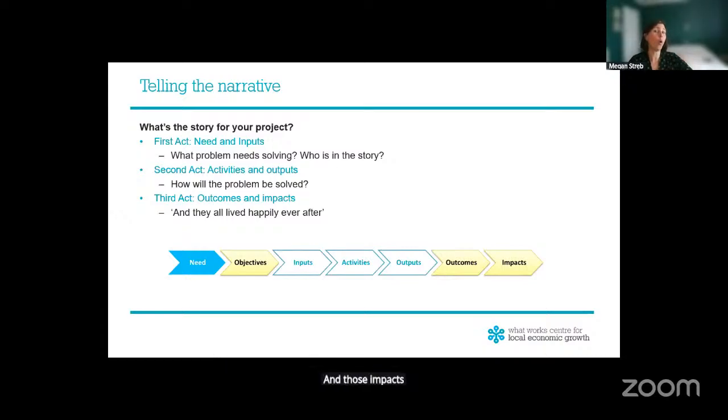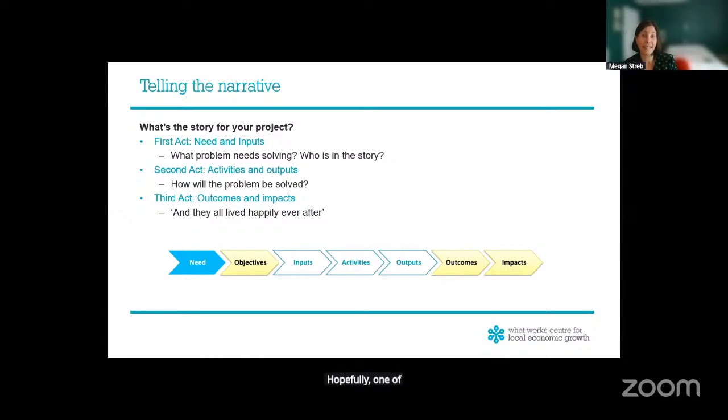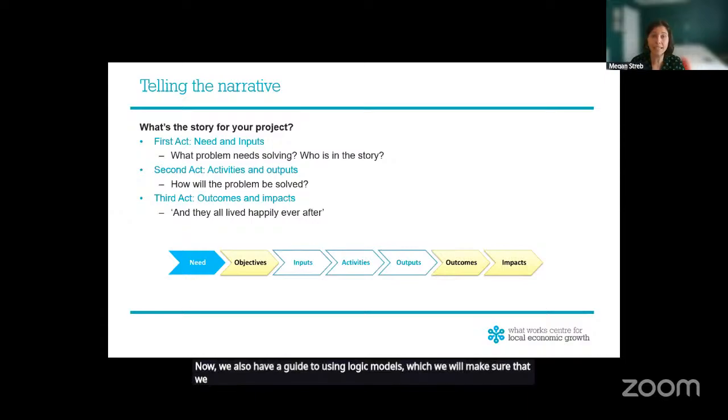Now, I've given you a whole bunch of different ways to talk about logic models with your colleagues, right? Thinking about a ladder, thinking about a black box, thinking about storytelling in 3 acts. Hopefully one of those sticks. We also have a guide to using logic models, which we will make sure that we link to at the end.